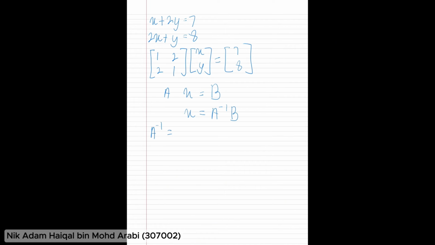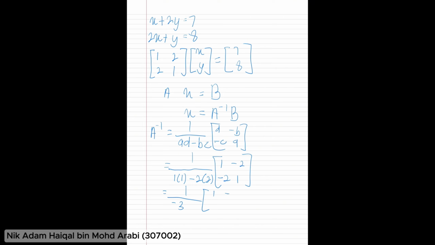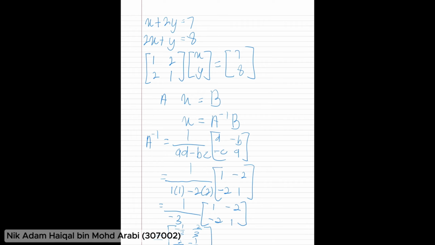A inverse for 2 by 2 is just using our question. So now we get 1 over negative 3 times the matrix. When we get A inverse, we just put it in our formula.